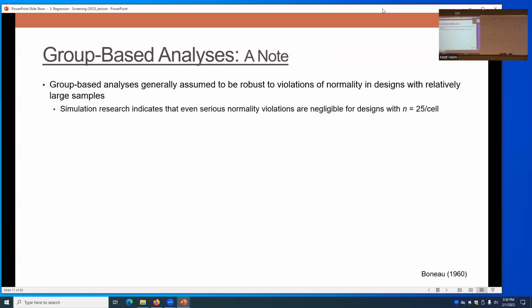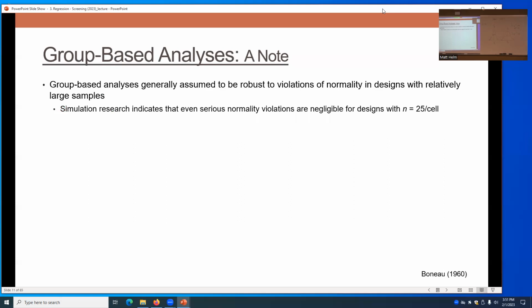For our group-based analyses, this is just a straight refresher from last semester. Generally think about our group-based analysis as robust to violations of normality, so long as I have reasonably large samples, right? The normality assumption is about the distribution of sample means, not the actual observed scores.